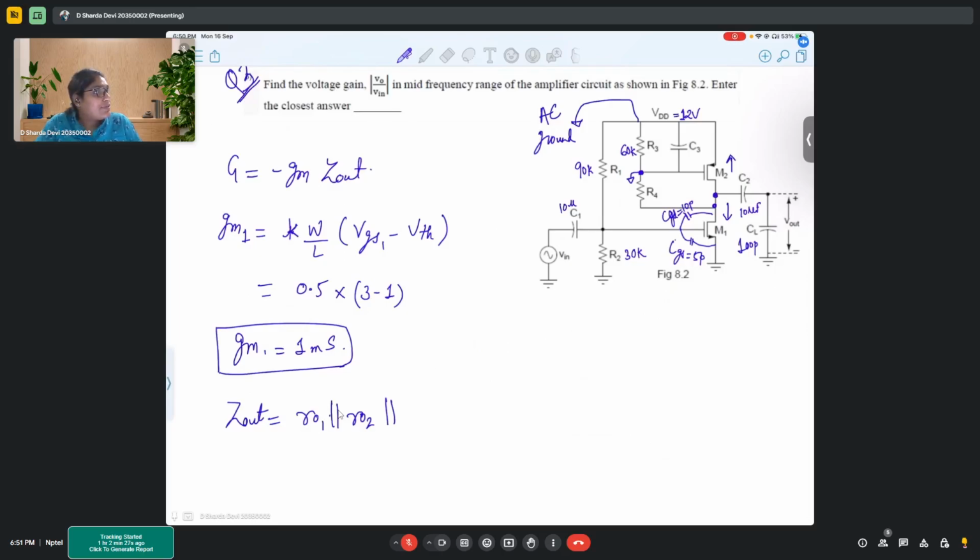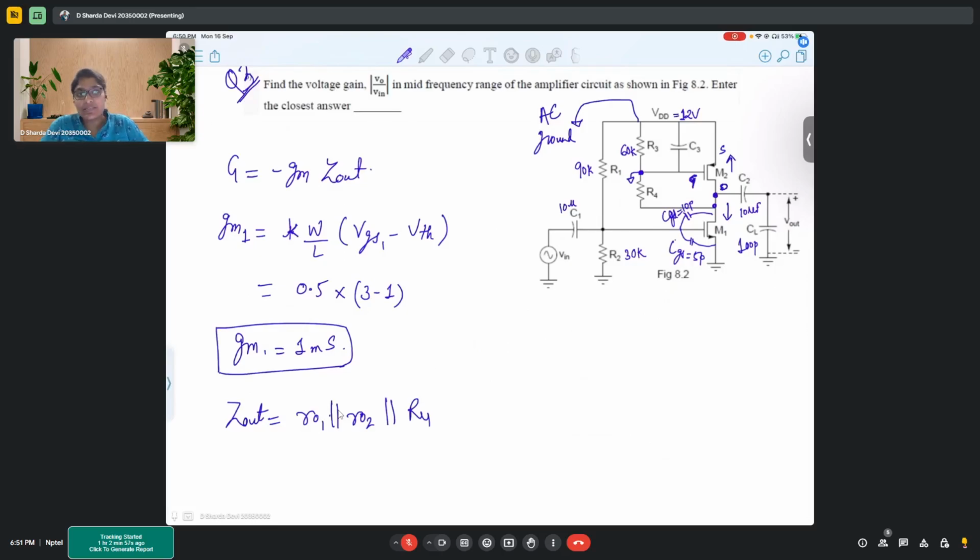Right? So assuming that you would have R4 in parallel, because this particular resistor is connected between source, drain and gate, right? So this is a Miller resistor.